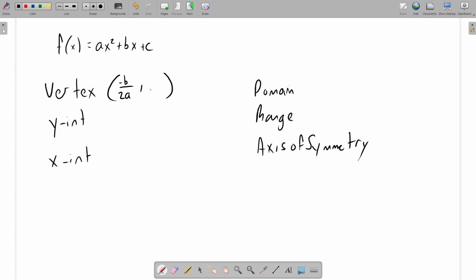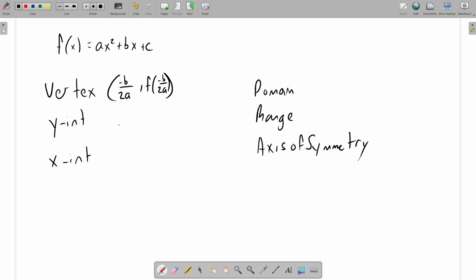The y coordinate is going to be whatever this number is, we're going to plug it in for x, and the output that we get will be our y value. So I'm going to write this as f of negative b over 2a. Meaning we take this x value, whatever it is, and we plug it into the equation, and we get some output y value.